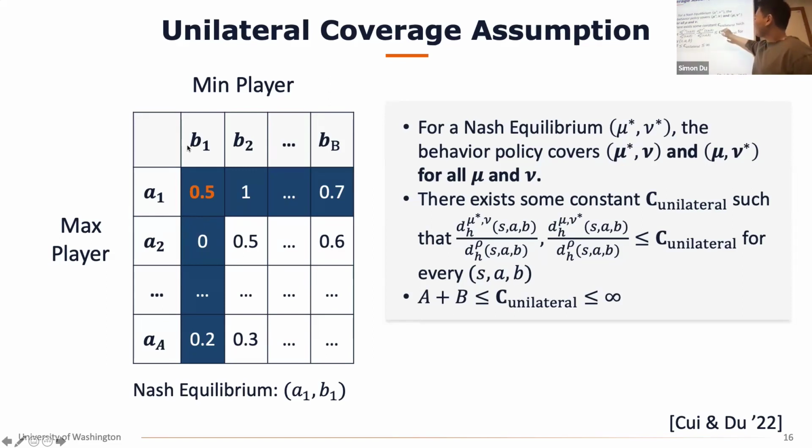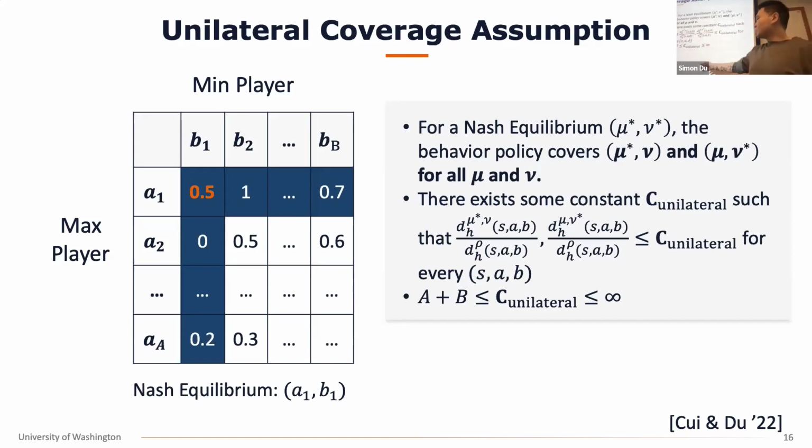And formally, we say that there exists some C unilateral such that for every state, action A and action B, the density ratio between mu star, nu for all nu, over this behavior policy's probability mass distribution is upper bounded by this constant.